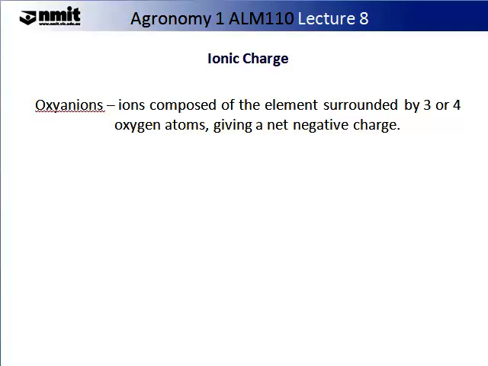Interestingly, several elements are absorbed as compounds called oxyanions. These are ions composed of the elements surrounded by 3 or 4 oxygen atoms, giving a net negative charge. Also of interest is the fact that several elements are taken up in different forms.